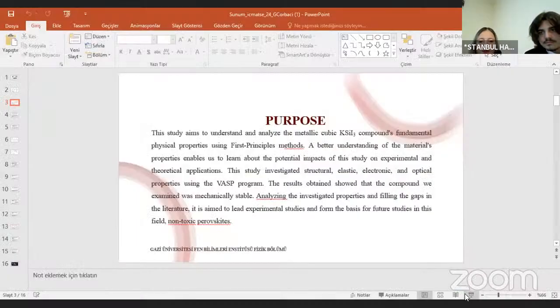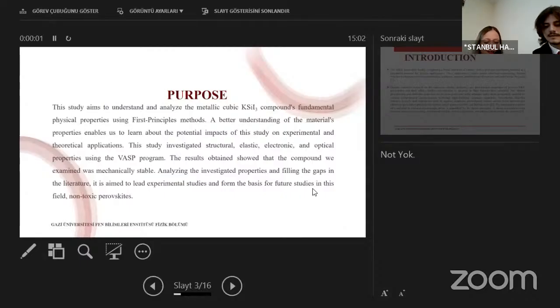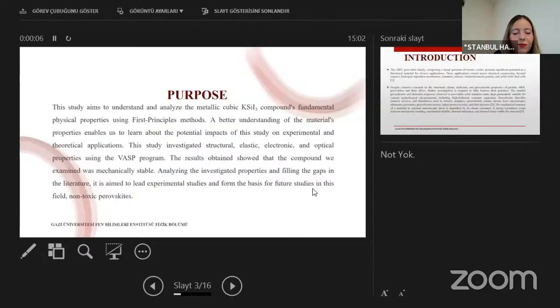A better understanding of the material's properties enables us to learn about the potential impacts of this study on experimental and theoretical applications.